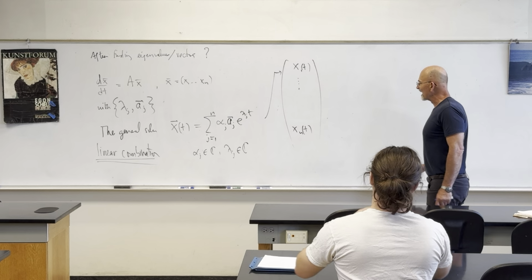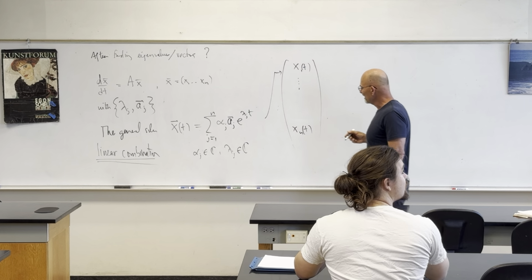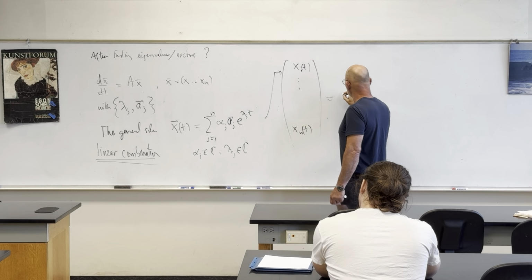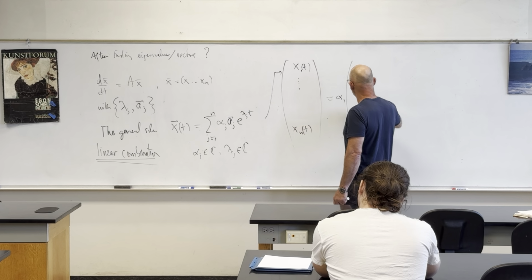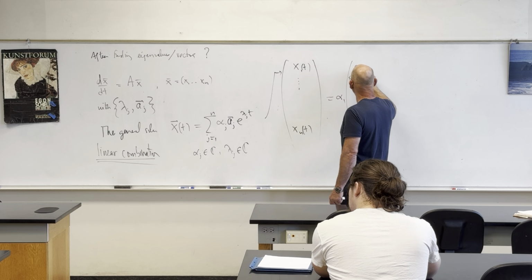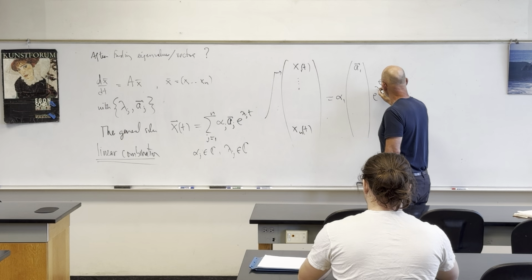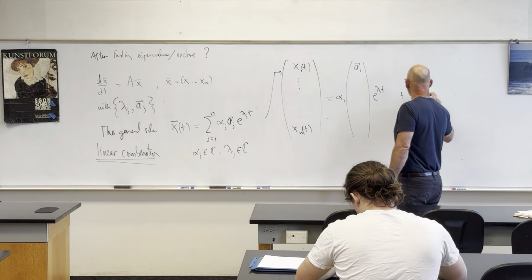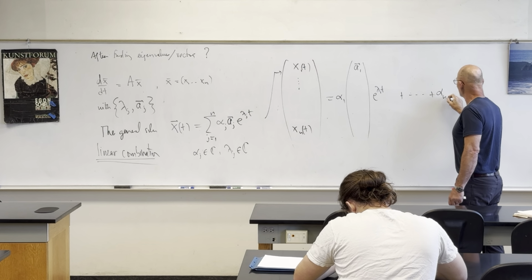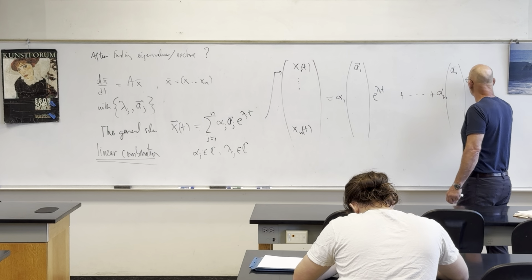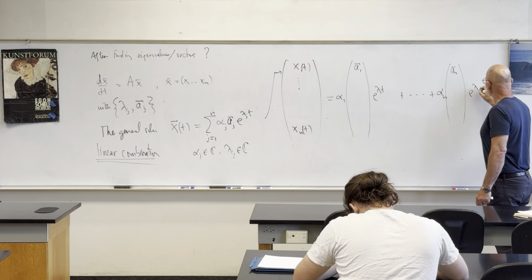And on the right side, we have to be careful here, but for the moment I'll just write out alpha sub 1, vector a sub 1, e to the lambda sub 1 t, and we go all the way out to alpha sub n, a sub n, e to the lambda sub n times t.